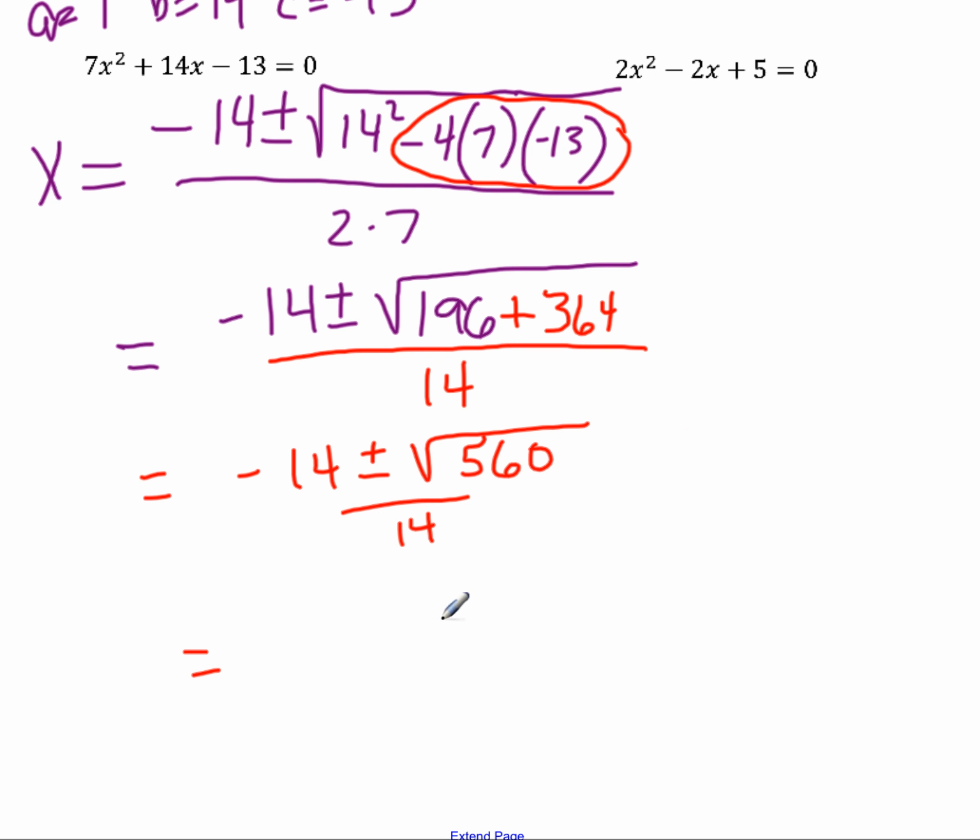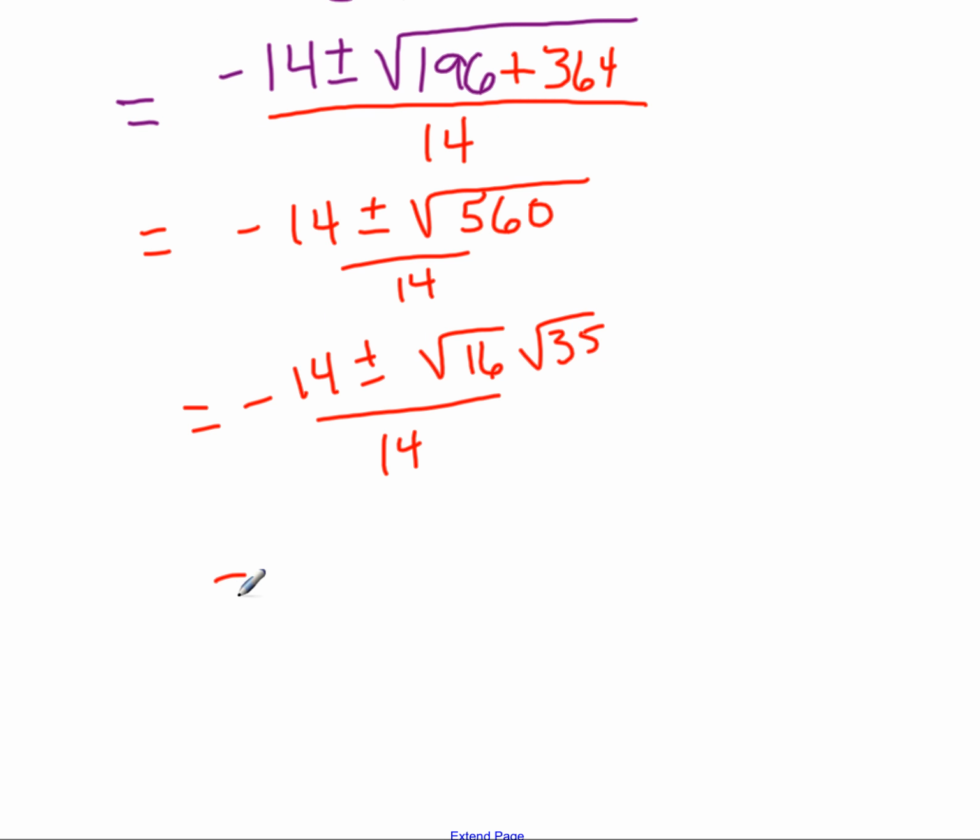I'm going to make this faster for you because I already know the answer. This will split into root 16, root 35, because 560 is divisible by 16, over 14. And I keep going, and I get 4 root 35.